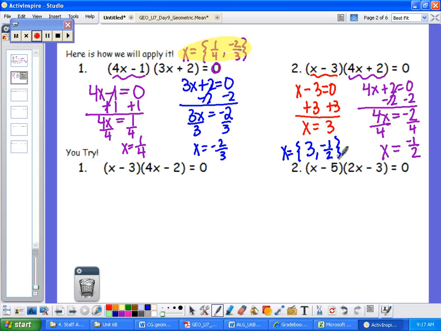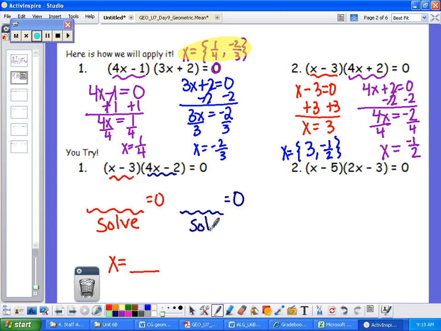Now for these I want you to try. So what I want you to do is take your first factor, set it equal to 0, and then I want you to solve. I'm not going to do it for you, and I want you to tell me what x equals. And then you're going to take your second factor, 4x minus 2, and you're going to set that equal to 0, and I want you to solve.